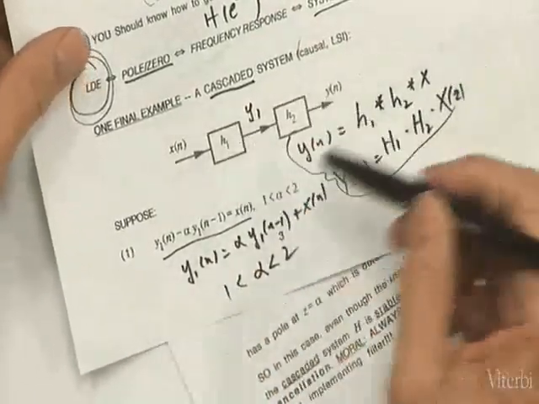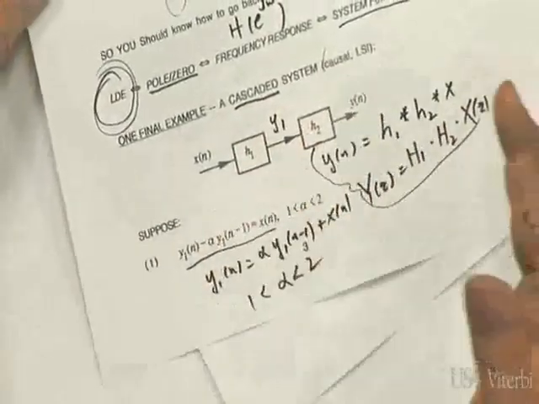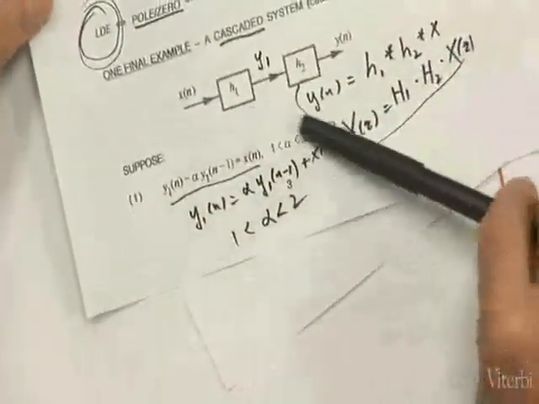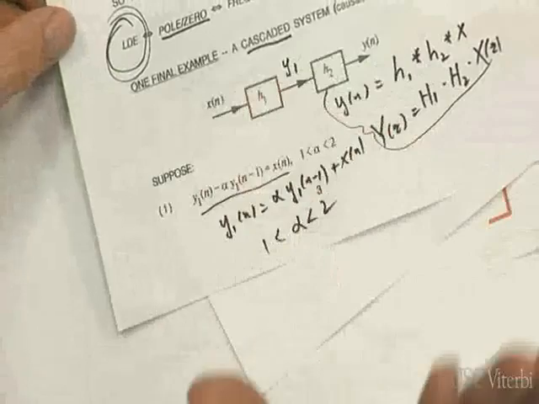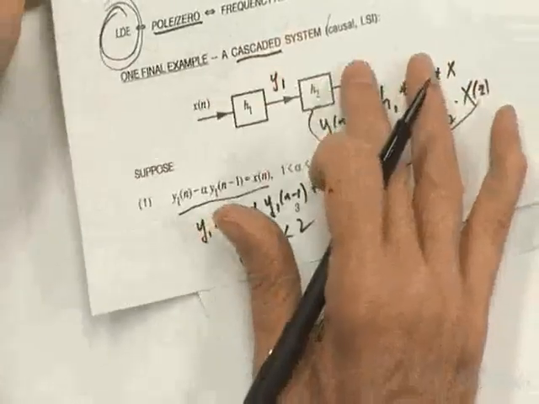I've had students that have done that. Don't do that, because it gets to be a mess with these two signals. That idea that we did at the beginning of the course, where we tried different values for n and finally solved it, is the hard way to do that. It's not impossible, but it's very difficult, even for this simple cascaded system. So do not do that.